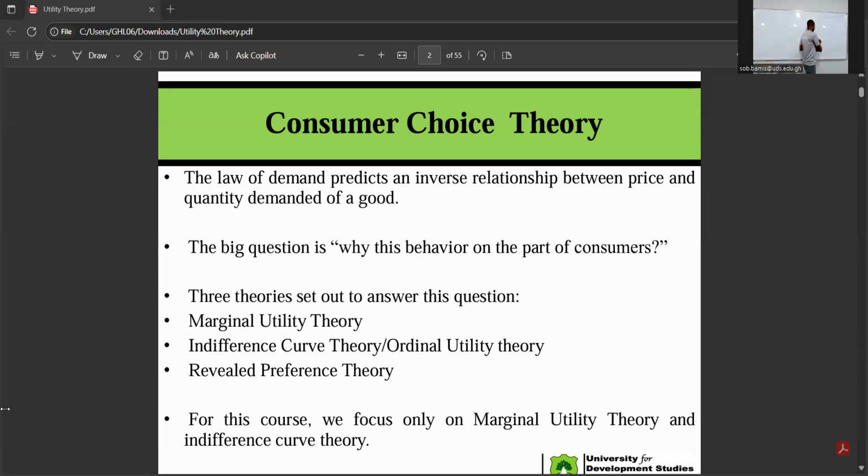Fourth, they assume that money is a unit of measuring satisfaction, and therefore the utility of money itself is constant.